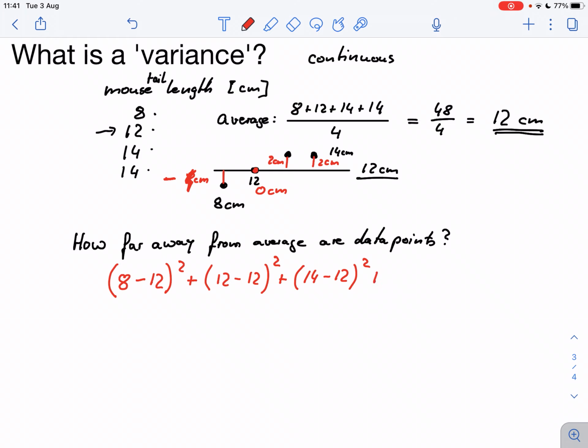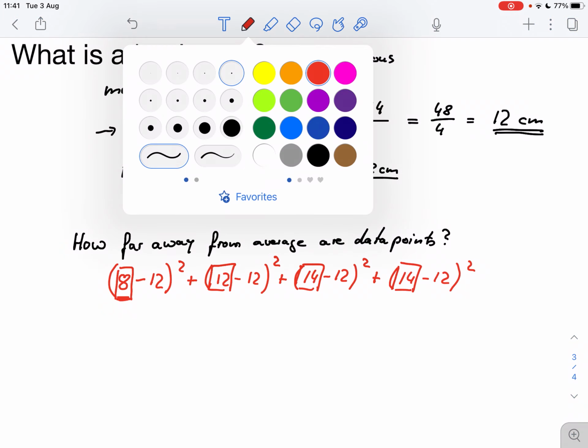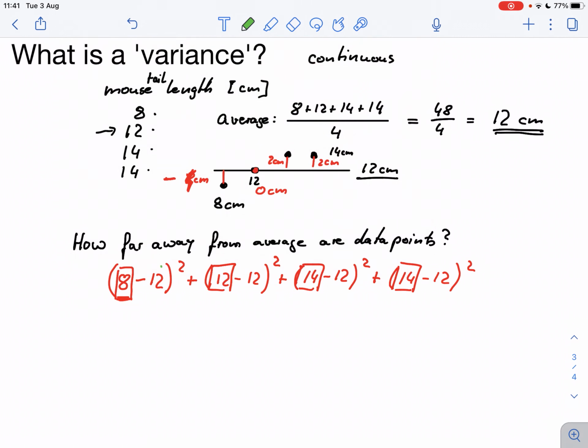And for the last one, we have again 14 minus 12, and we square that. And what you see is, this here is my data point that I measure, the first one for each one of them. And I'll take a different color. This one here is my average.